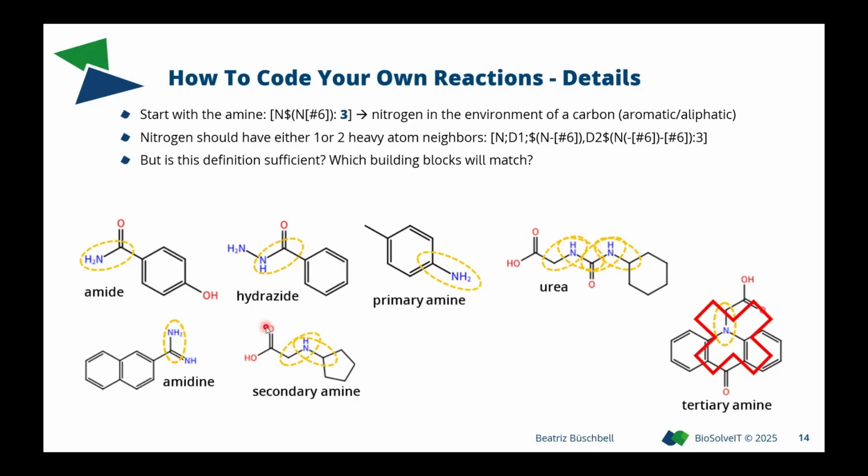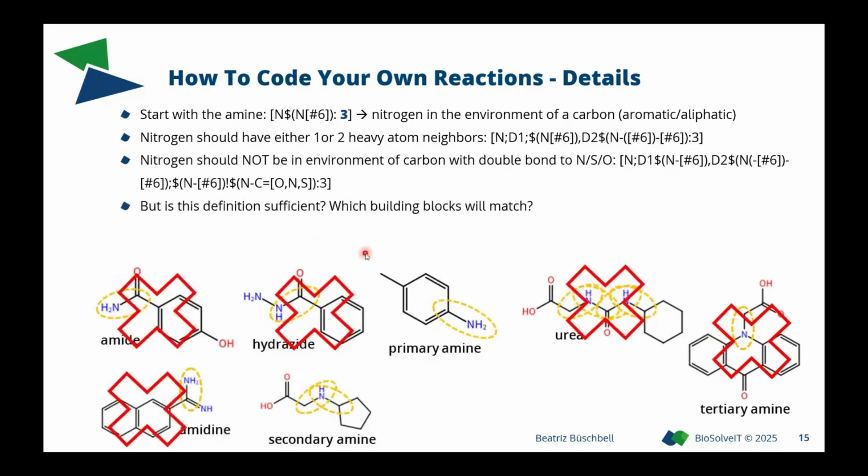Okay, so we have to add more information for the algorithm to properly function. So we further specify that this exact same nitrogen should not be in the environment of a carbon with a double bond to another nitrogen, a sulfur, or an oxygen.